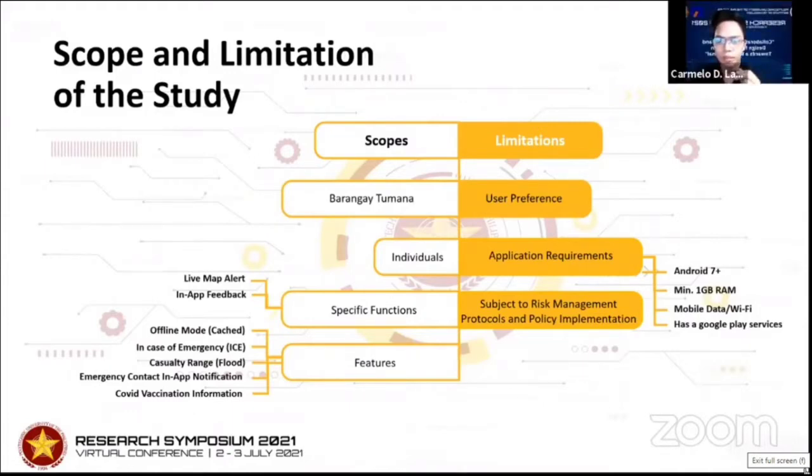The limitations are the user preference, minimum of 1 gigabyte, Android 7 up to latest, mobile data or Wi-Fi, and Google Play services for the application requirements. Subject to risk management protocols and policy implementations. If it's beyond the system, which requires decision-making and implementation of policy, it is already within the control of the authorities.